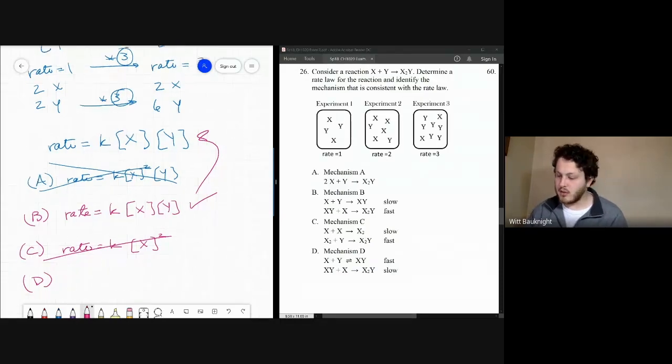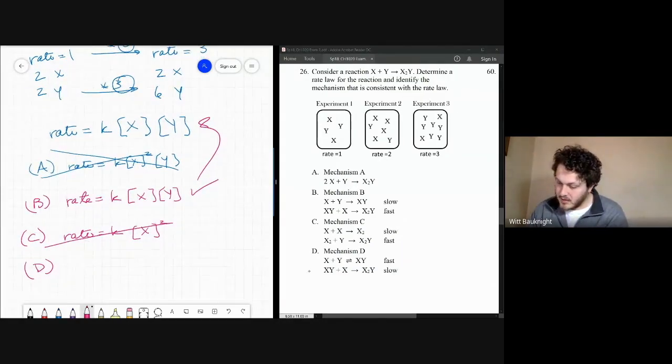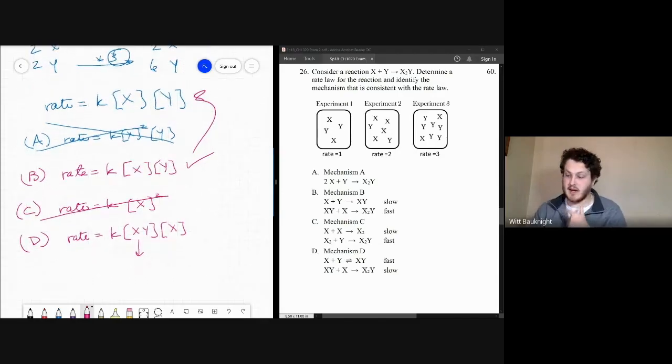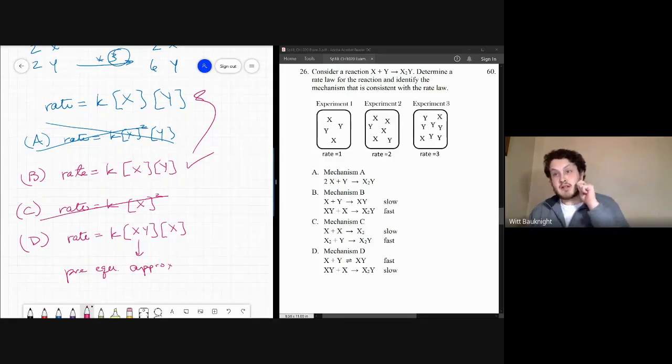And so it takes a little bit of work. But we get that the rate is equal to k xy times x. All right, so we need to substitute in something for xy right here. We're going to use something called the pre-equilibrium approximation.